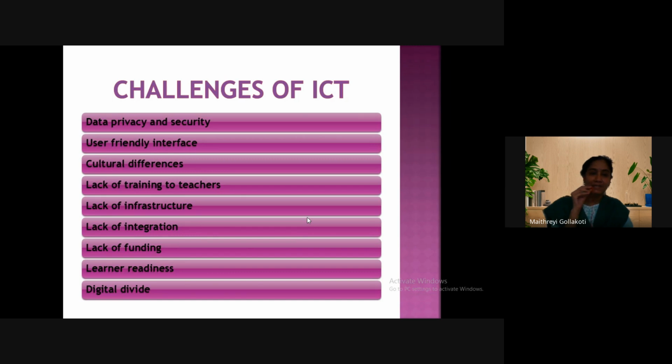Okay, next is lack of training for teachers. There are many teachers who are well versed in ICT thanks to the pandemic. But in some areas, some teachers are still not very happy with technology. So for such teachers, there should be extensive training provided by each and every institution.